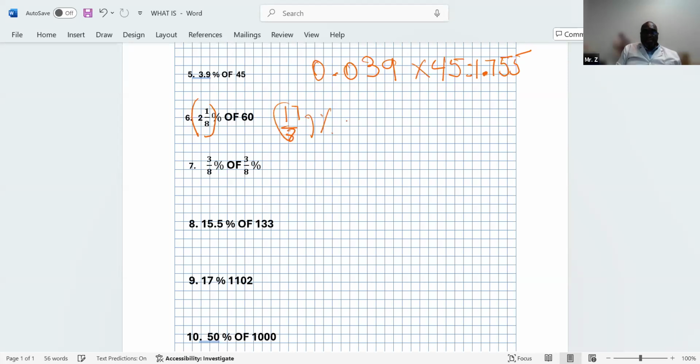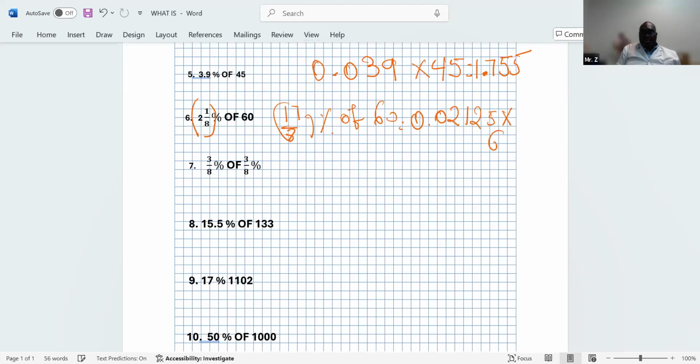So you can get the 17 divided by 8 of 60. Whatever answer you get, divide that again by 100, because it's a percent. So now you will get 0.02125.